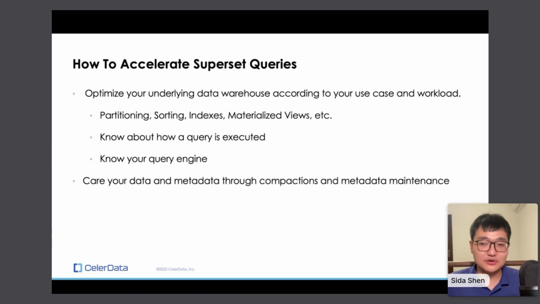And metadata as well, right? You don't want metadata that's too big, with not enough of it to read in parallel, or too small. Fetching that metadata can be very expensive as well, so do compactions and regular metadata maintenance. This is especially important if you're on an open data architecture with, let's say, compute engines plus Apache Iceberg, Hudi, or Hive, right?